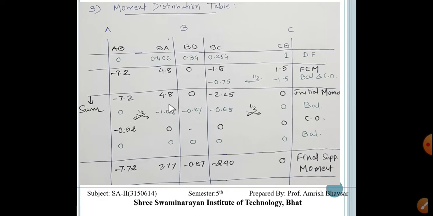Here, the summation of these three is multiplied with the distribution factor and we get something, minus 1.03 over here. Again the summation of these three, multiplied with this, gives minus 0.87. Again the summation of these three multiplied with this is over here, right. And here 0 is always multiplied with 1, so it is 0.